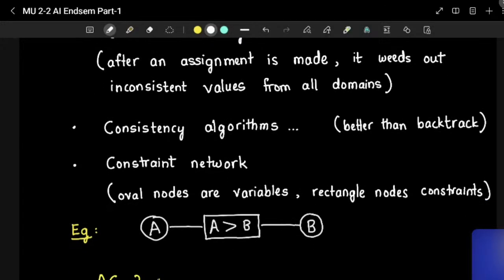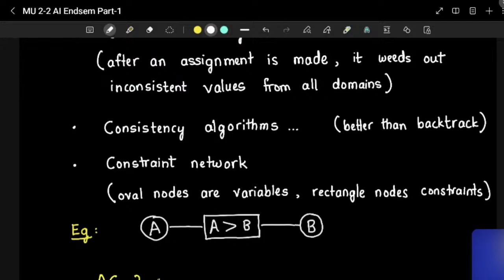Apart from constraint graph, you have something called constraint network, which is different from constraint graph. Here you will be specifying what the constraint is as well, but you have a slight change. In constraint graph, nodes are variables and edges are constraints.